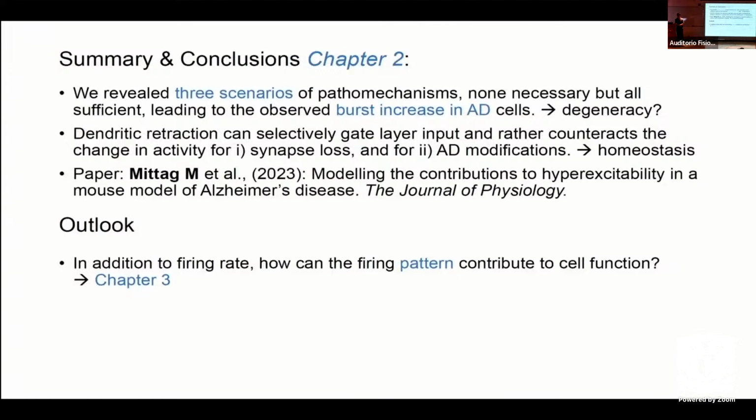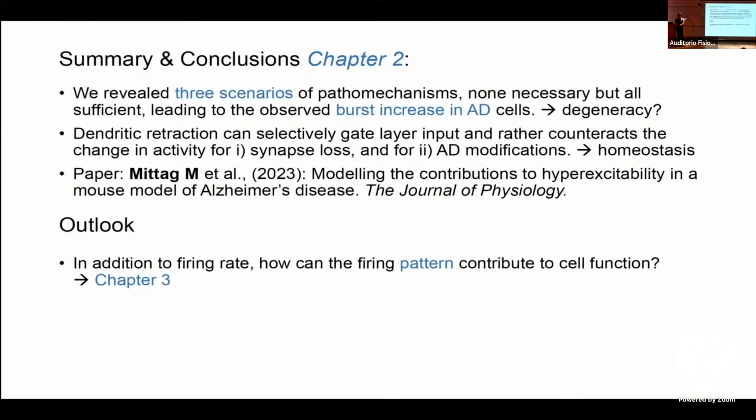When you check these shrunken cells, does the input resistance go up, get higher? Yeah. That will explain the hyperexcitability, because any input into the cell will be amplified. That goes for somatic input, not for the synaptic input.